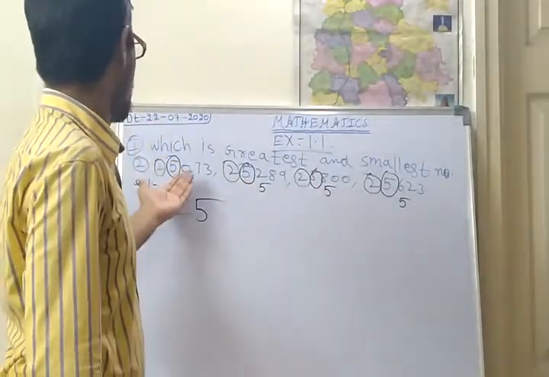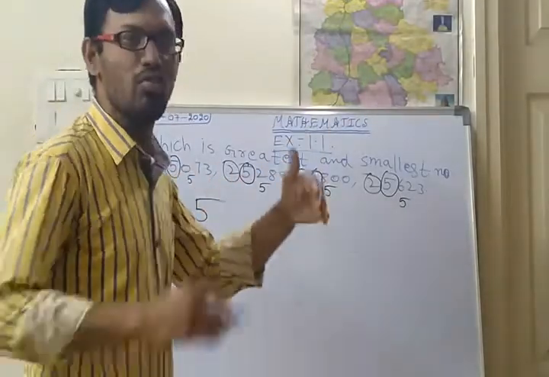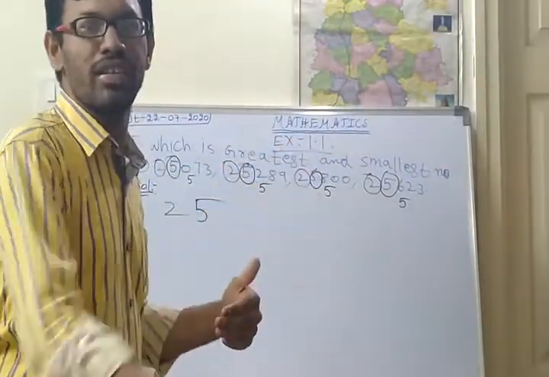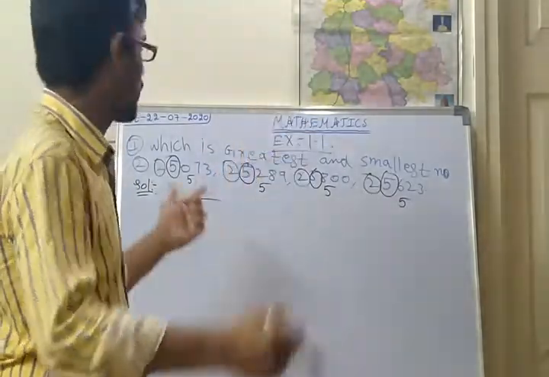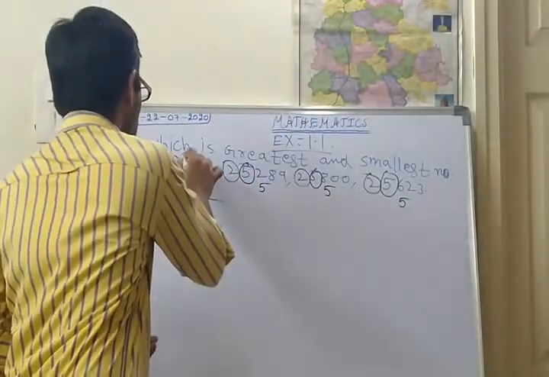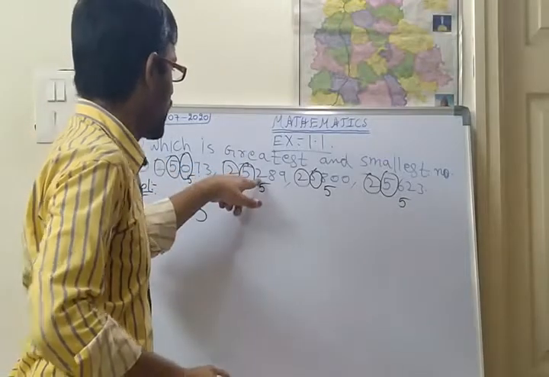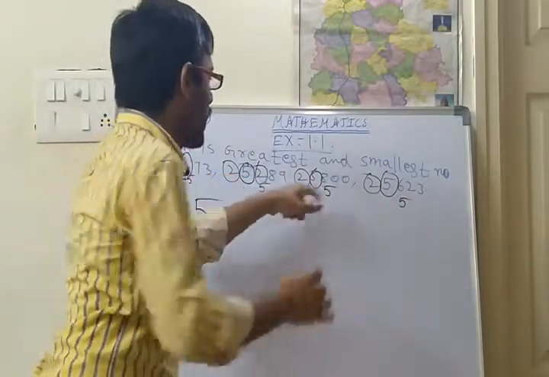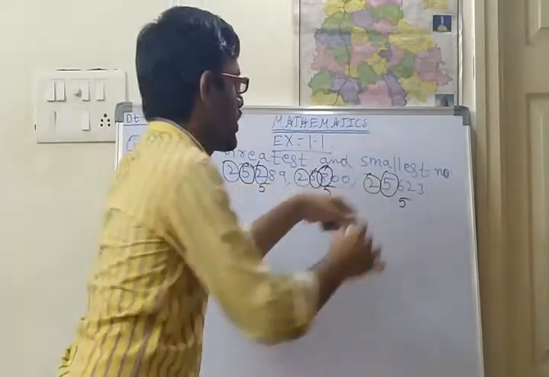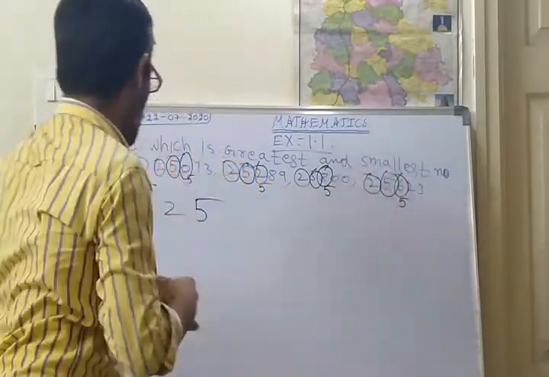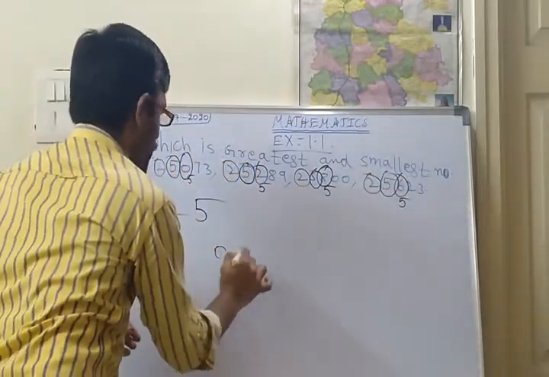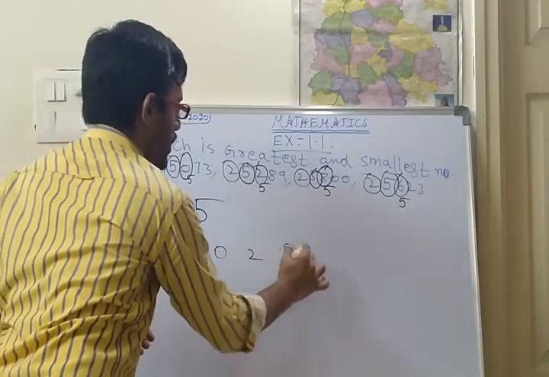If the digits are the same, what should you do? You should take the next digit. Here the third digit is 0. Here 2 is there. Here 8 is there. Here 6 is there. So I am writing 0, 2, 8, 6.